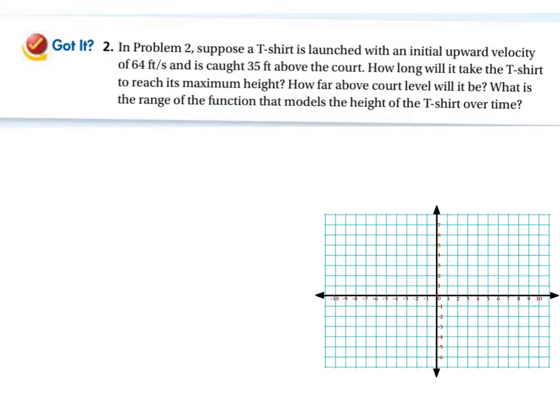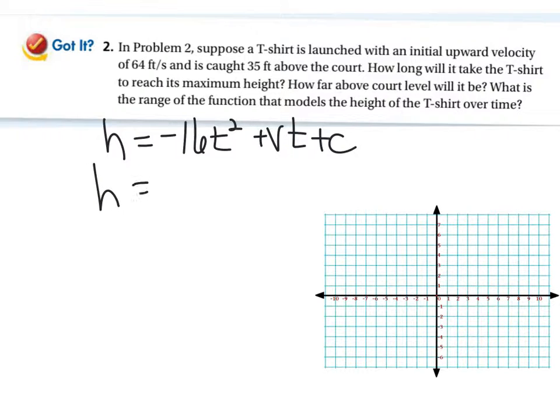So on the got it 2, we're going to start again with that general formula that we just talked about. The one thing they don't really clarify here, we're going to assume we're starting from a height of 5 feet, where this is being launched from. In this case, upward velocity is 64 feet per second. 5 is our initial height.